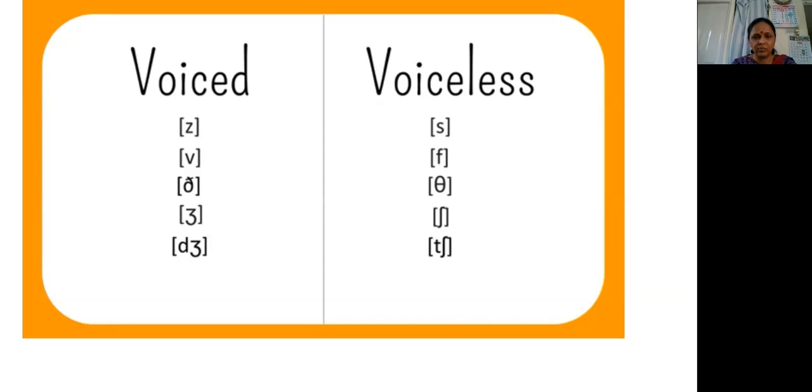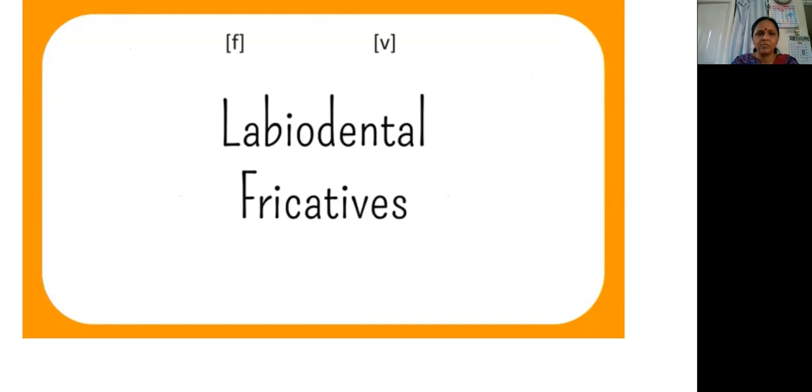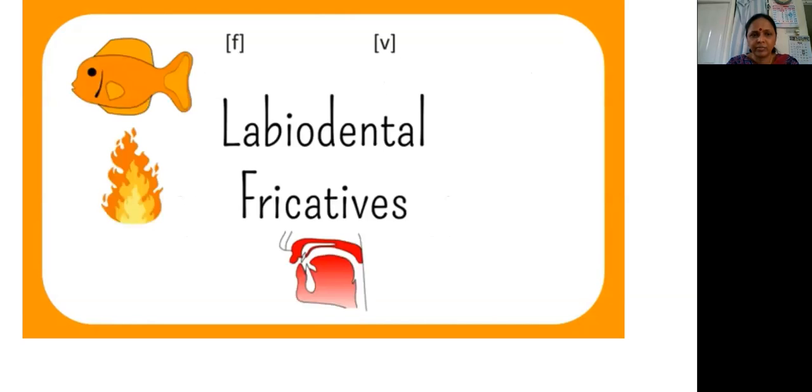So now we've categorized them in terms of voicing, let's look at the places of articulation. That means where in the mouth the sound is physically produced. These two are known as the labiodental fricatives, and as the name suggests, involve the teeth and the lips. Labio is lips, dental is teeth. The voiceless sound of the pair is seen in words such as fish, fire, and frog.